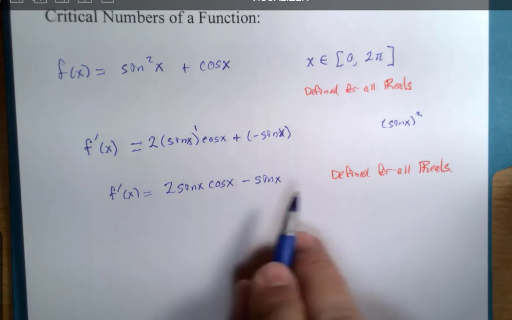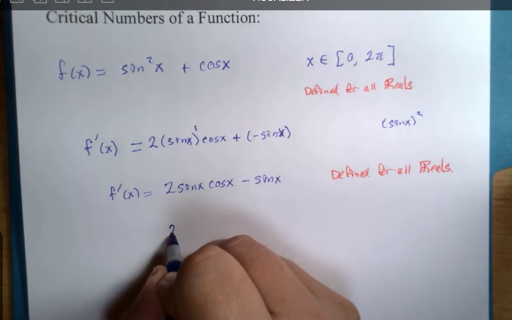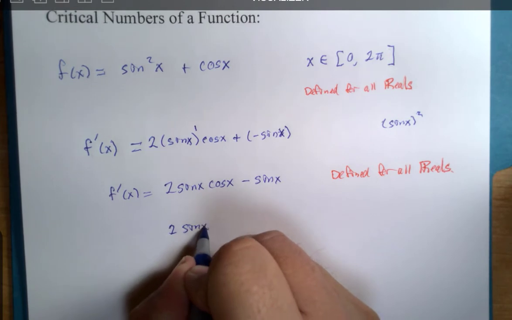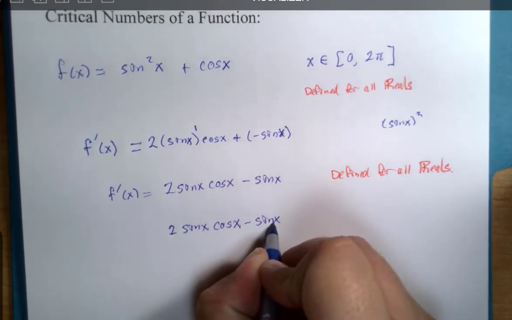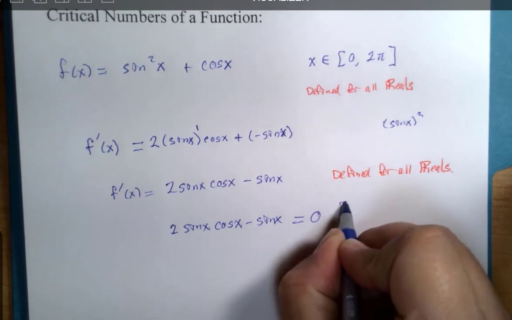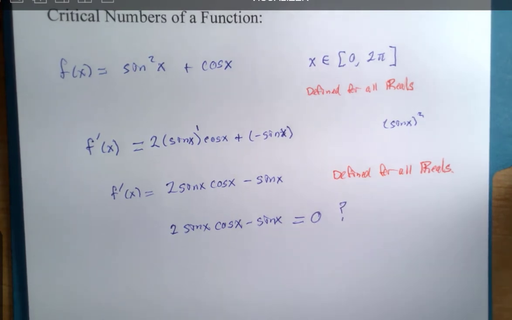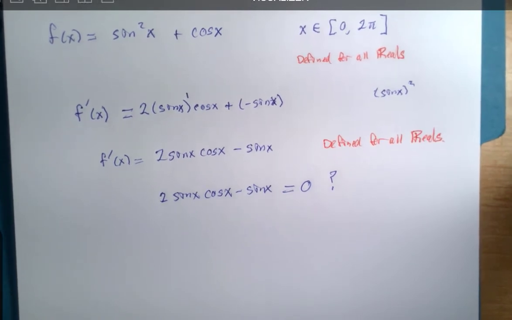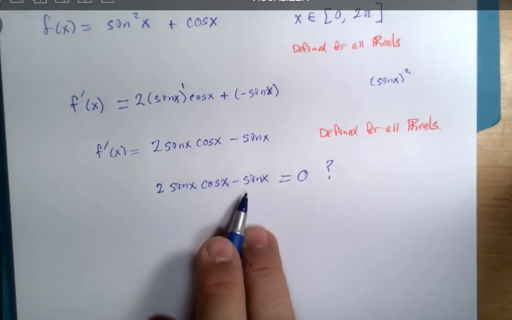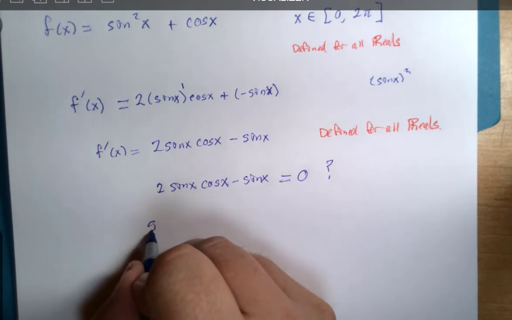So, if it's never undefined, I guess the question is, I wonder when it's equal to 0. That's what I want to know. When does that happen? Well, they have a common factor, sine of x.